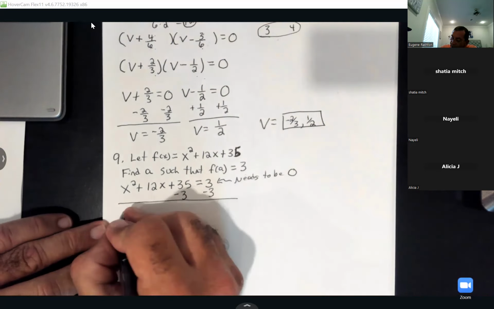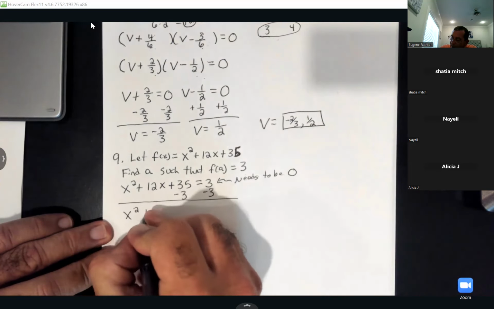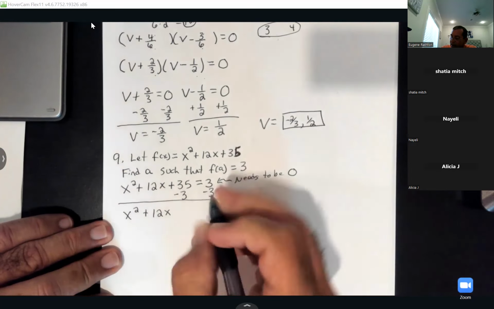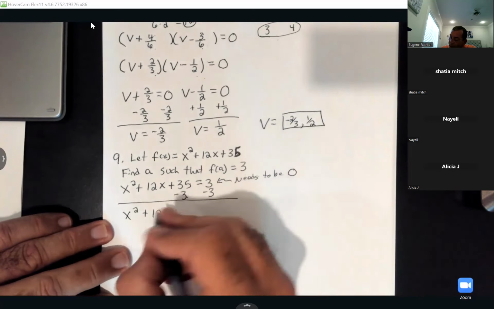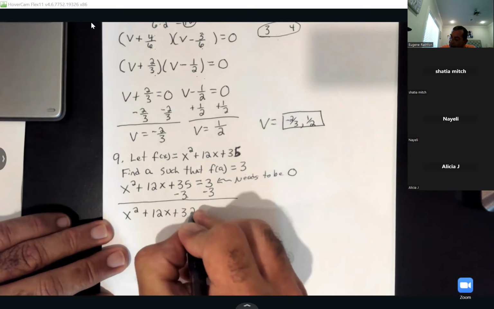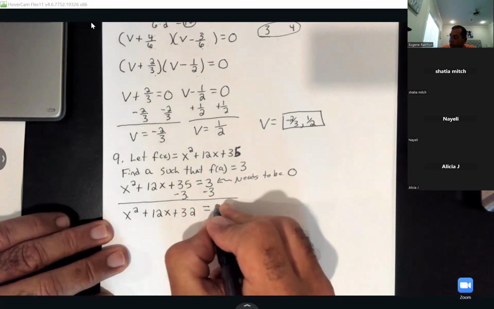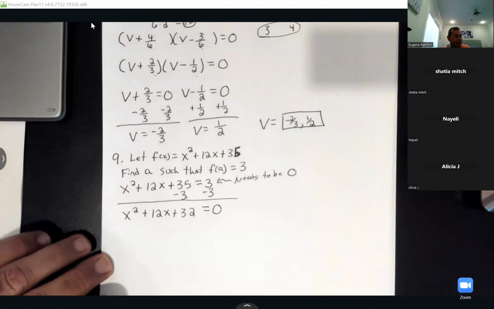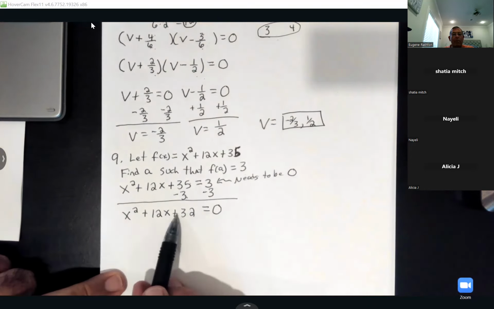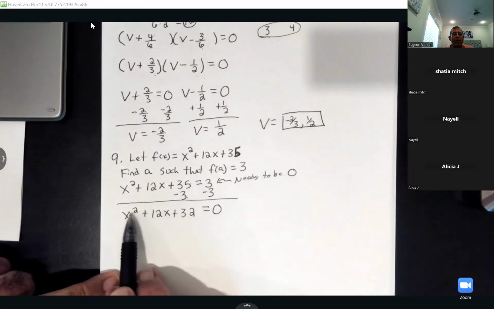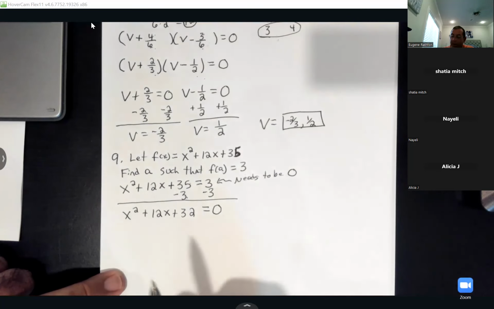So watch this. You'll get an x squared plus your 12x. Numbers are like terms, so 35 minus 3 will make that a 32. All that equal to our 0. So, got my 0 here. No GCF, because the x squared don't have a number.